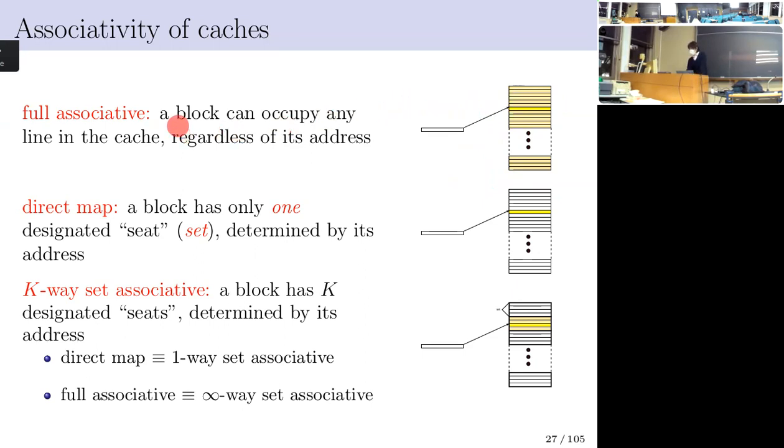In terms of implementation, this means that a block can occupy any line in the cache, regardless of its address. For example, when a 64 byte block needs to be brought into the cache in this fully associative cache, the processor finds the least recently used line in the entire cache and replaces it with the item that was just accessed.